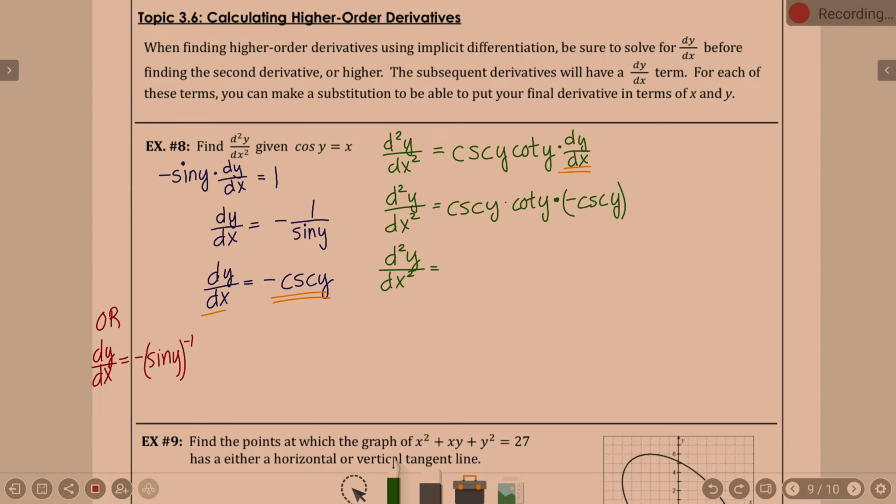It was a negative times a positive, so that means it's going to be negative. You can say cosecant times cosecant, because they have the same insides, is cosecant squared y, and then times cotangent y. Or you could say negative cotangent y cosecant squared y. Wow. Okay. That was fun.